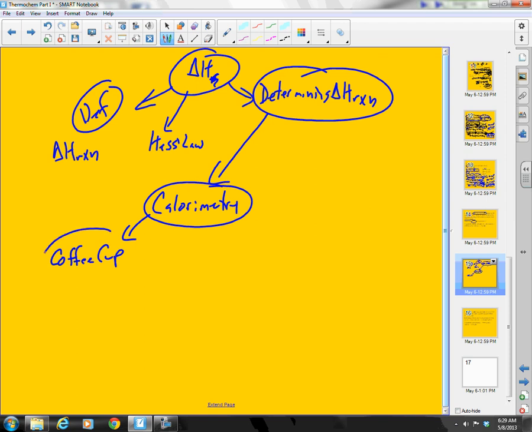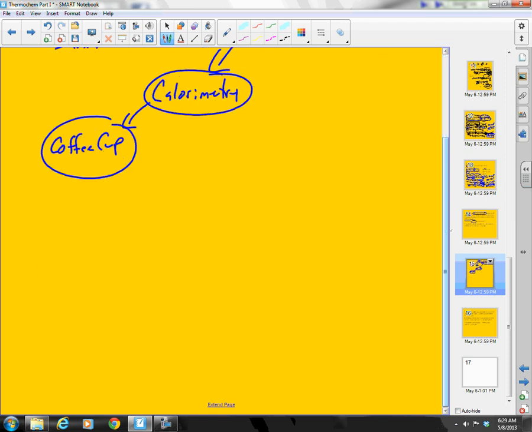We want to talk about a subset of calorimetry called coffee cup calorimetry. In coffee cup calorimetry, really what you have is a coffee cup. It may be a little more advanced than that, but essentially it's an insulated container, such as a styrofoam coffee cup or a couple styrofoam coffee cups. You usually have a solution, and then a reaction takes place in this solution.